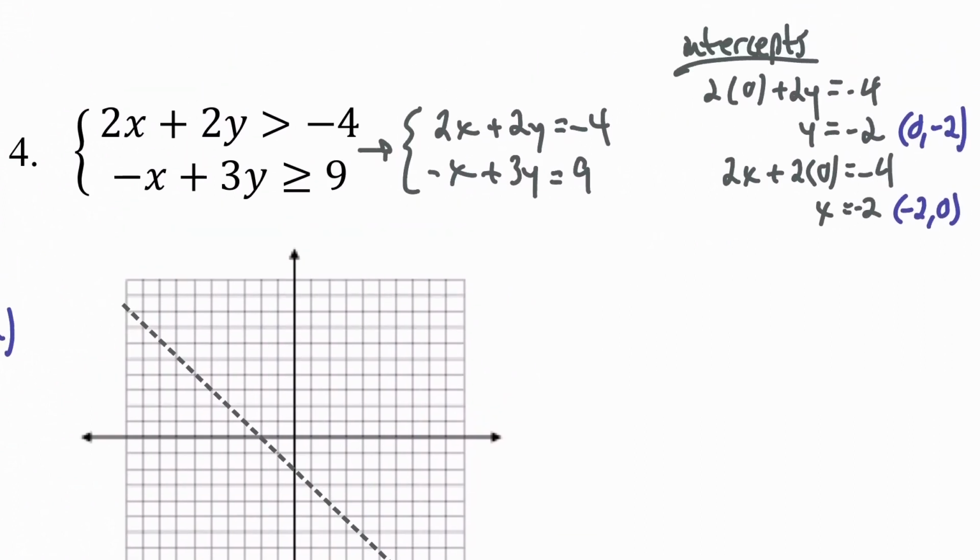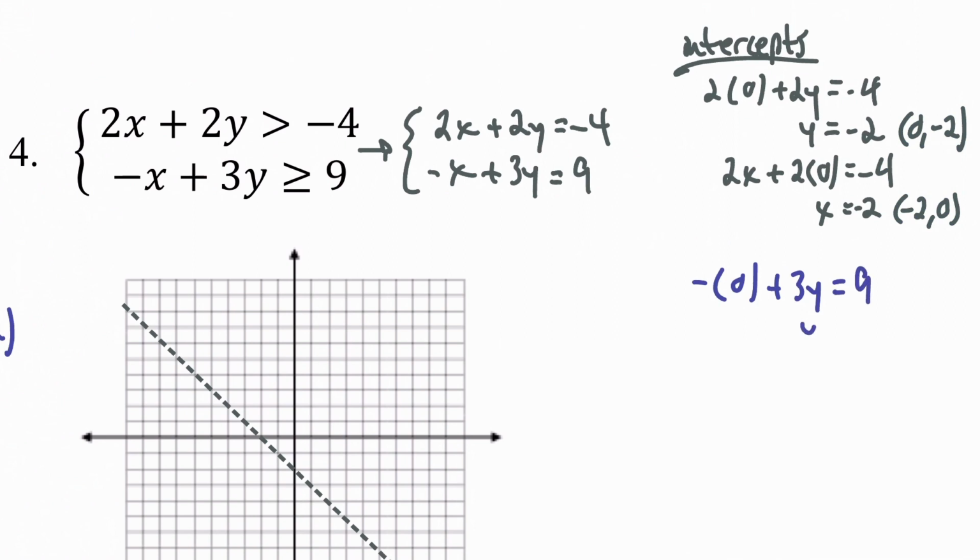So then the next one, we'll find the intercepts of that one. Let's make the colors all match. Okay. So the next one, intercepts of this one here. We'll put in 0 for x, so negative 0 plus 3y equals 9.